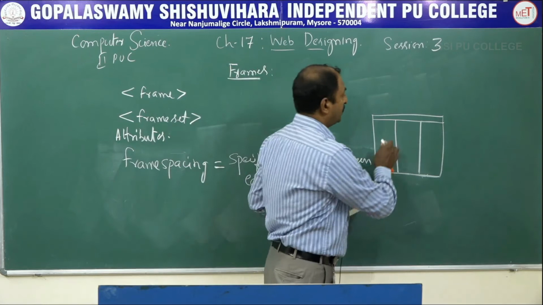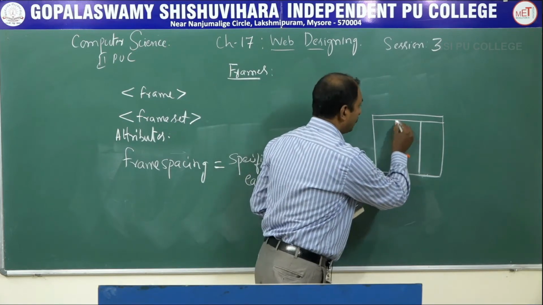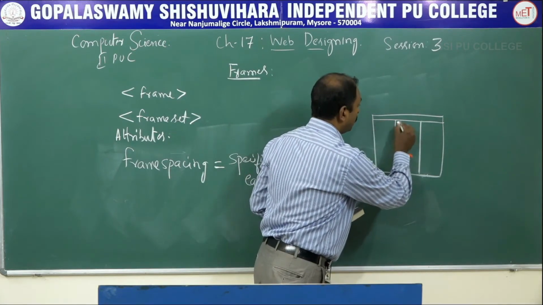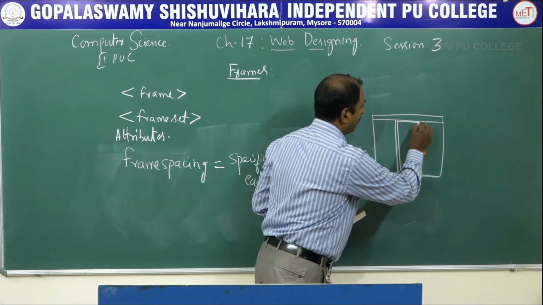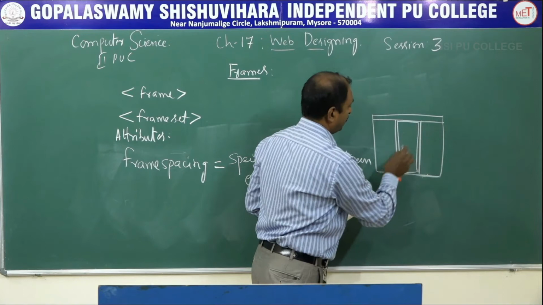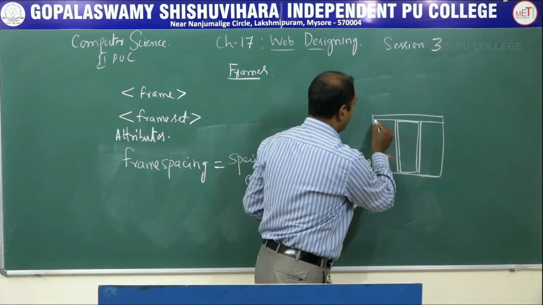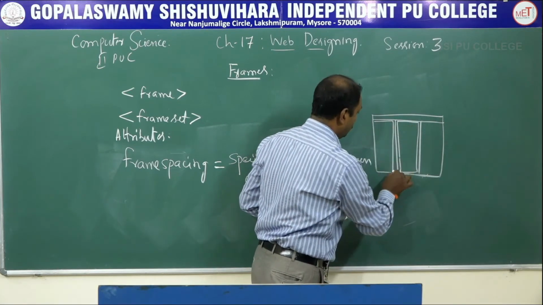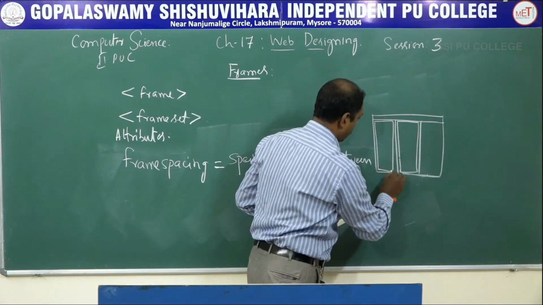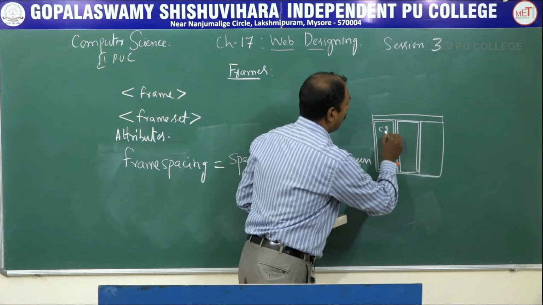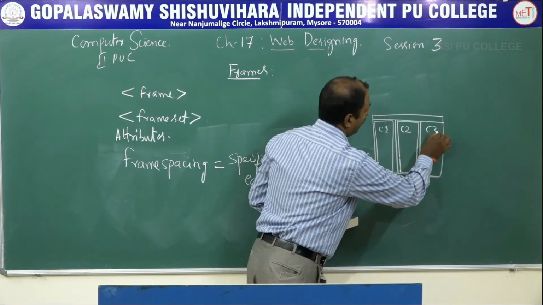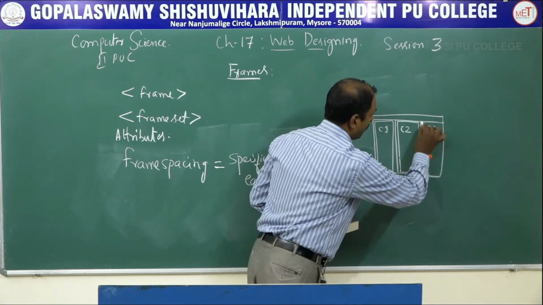So what is the space between these? Normally you come across it like this. See, this is one column and this is another column. So the space between these two, this is column 1, column 2 and column 3.